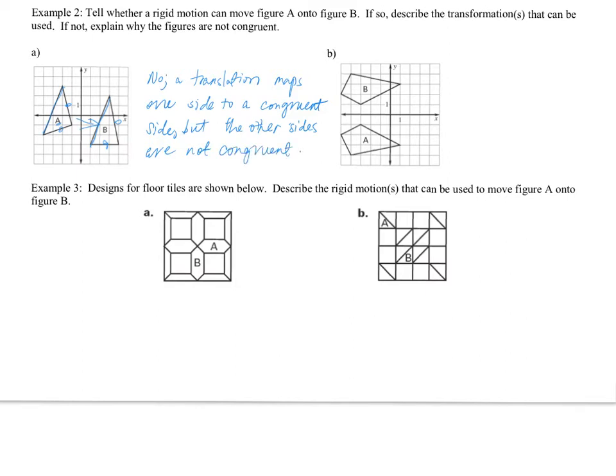And if we look at part B here, for figure A, if we do a reflection in the x-axis, so we reflect this about the x-axis, we can match every single part of the image.